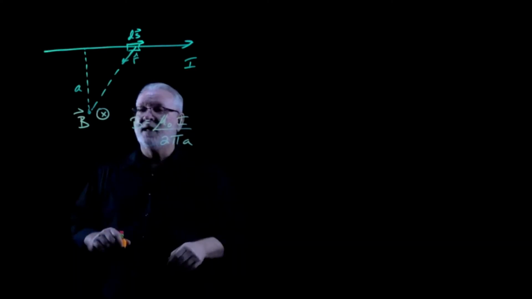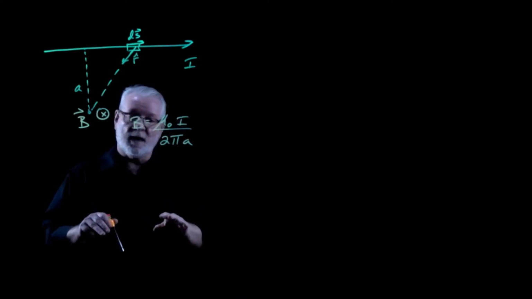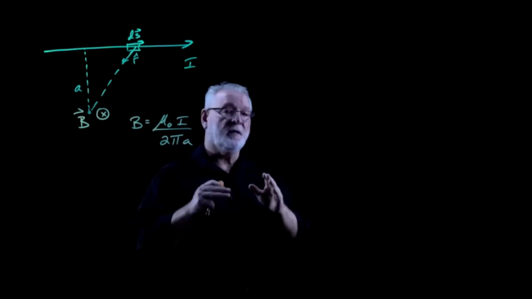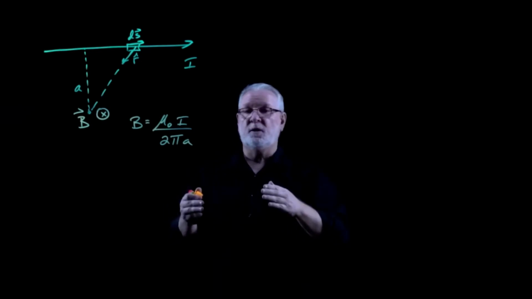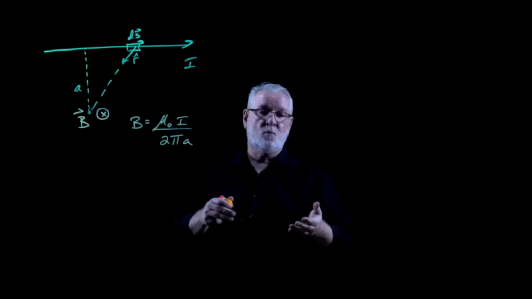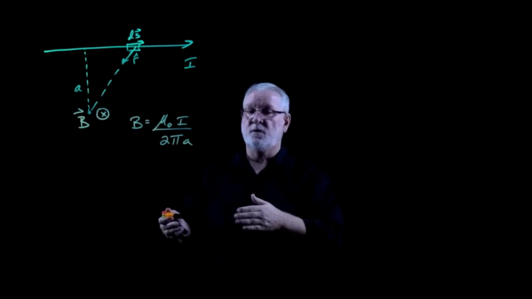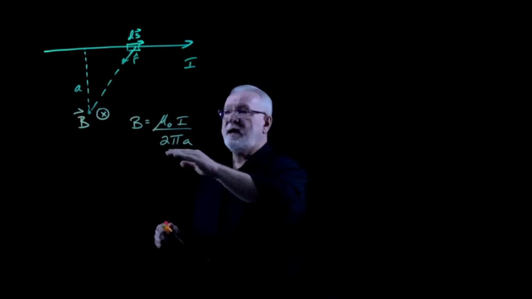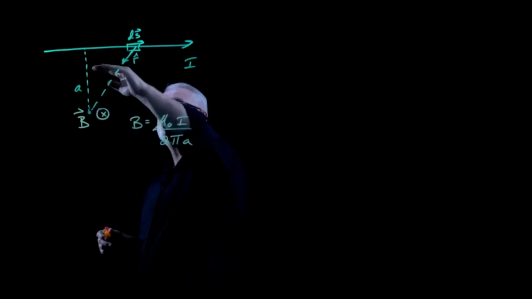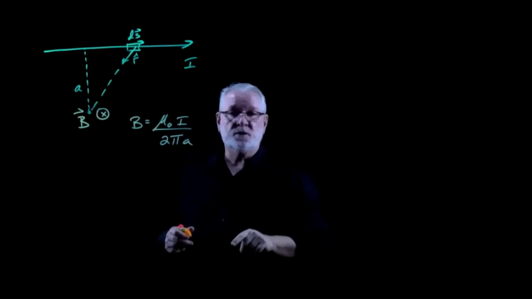You'll notice this is not a constant field. This is not like our magnetic capacitor that we've been looking at for so many of our visual experiments, where we've been looking at the force on a current-carrying wire and the force on a charged particle. Those were constant magnetic fields, and this will be anything but constant. As the radius decreases, the field strength will increase because it's inversely proportional.